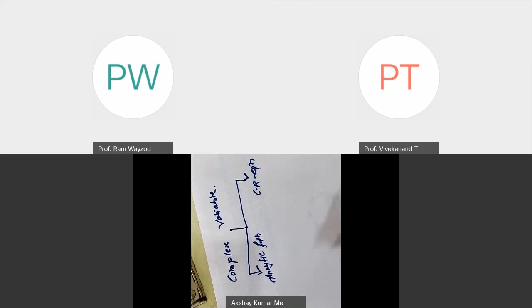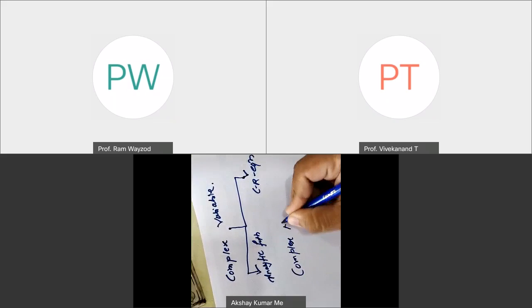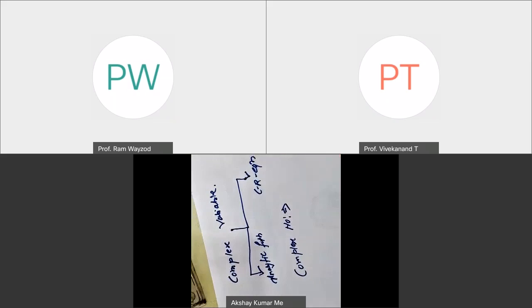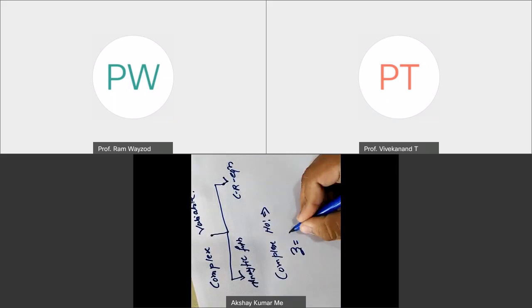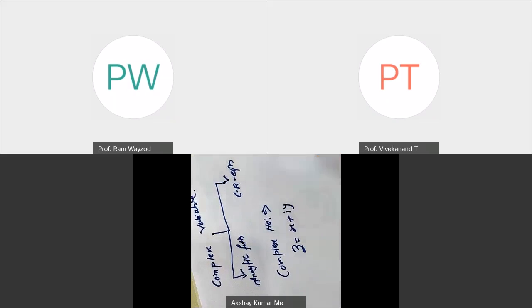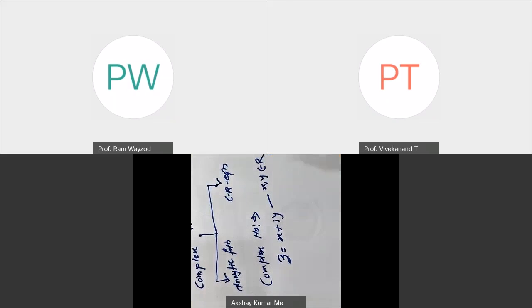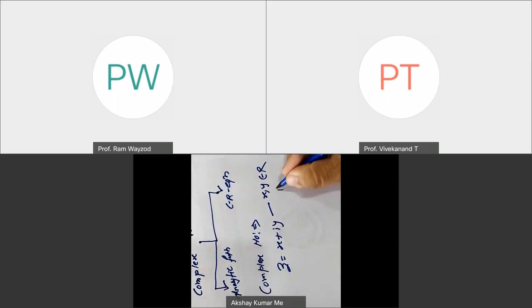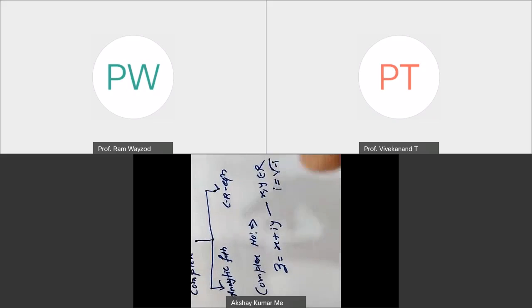So first, what is a complex number? A number defined as z equals x plus iy, where x, y belong to real numbers and i is equal to root of minus 1.